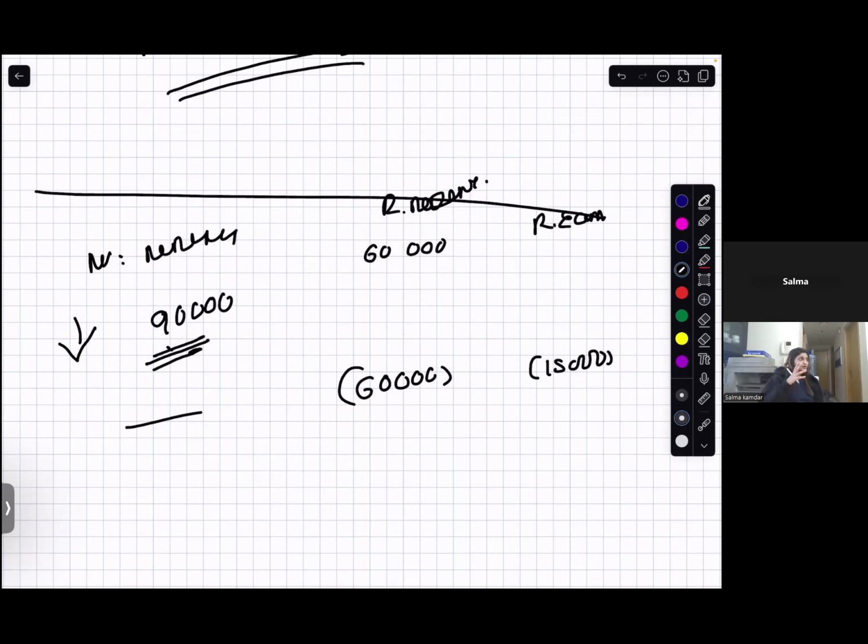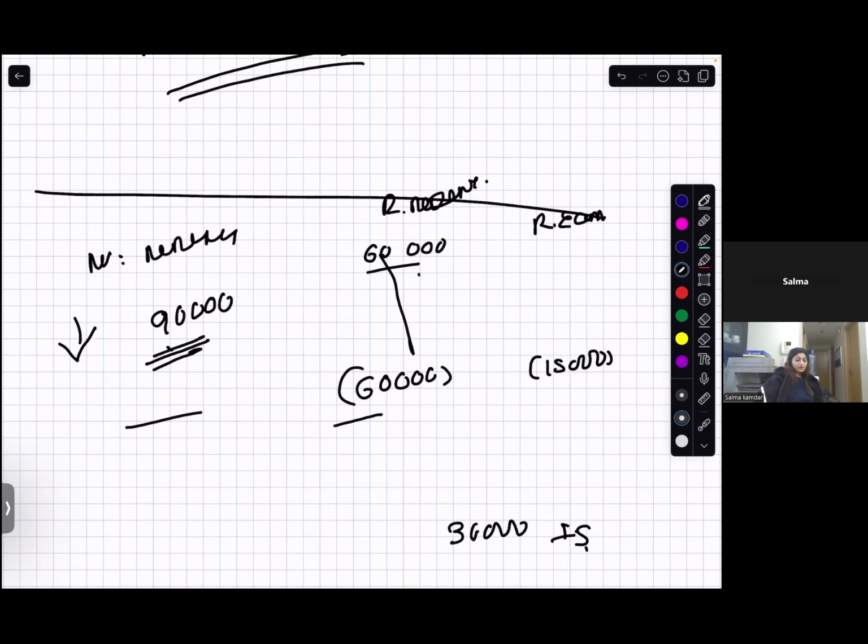Okay? You might make a mistake by writing 90,000 in your income statement, saying it is revalued downwards and treated as depreciation. Another type of mistake is to say, I have used my revaluation reserve and I put this 30,000 in the income statement stating that I have made a loss.